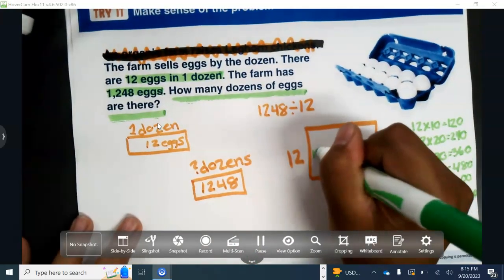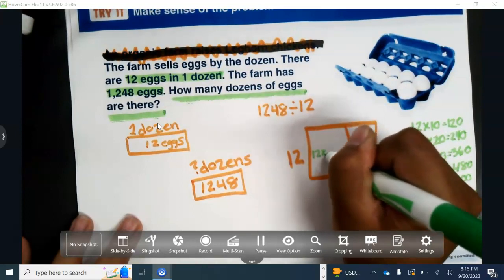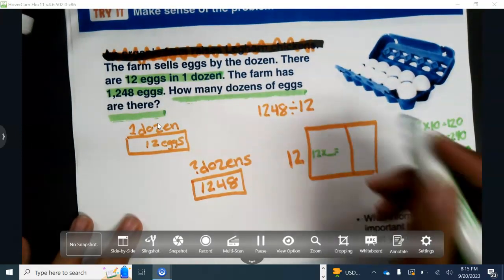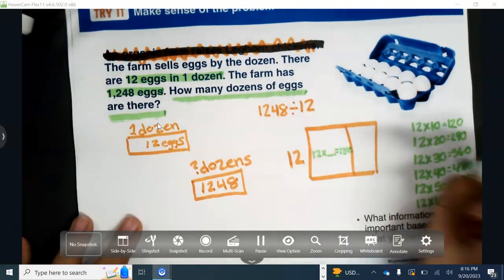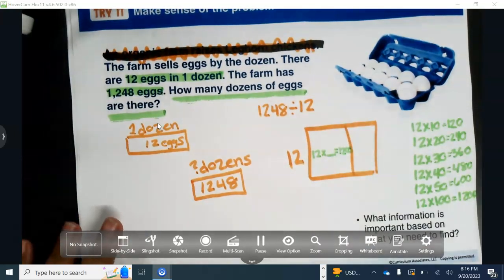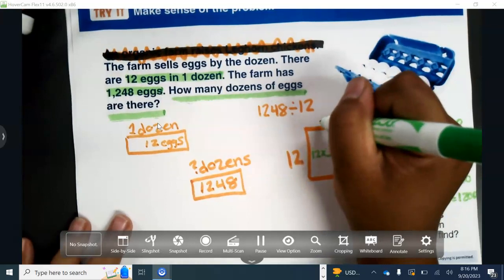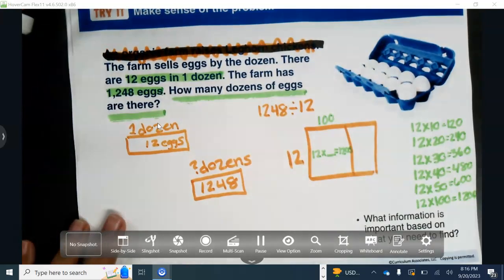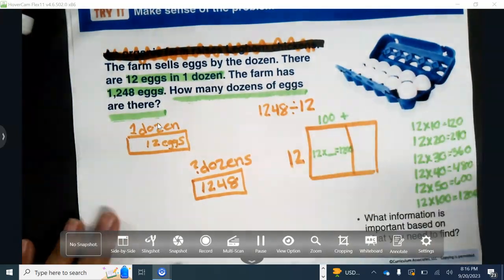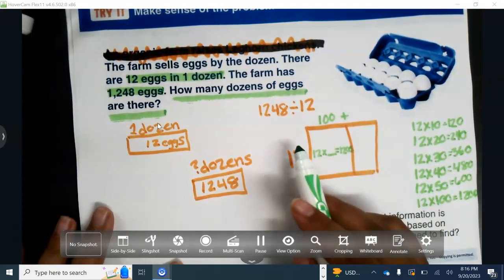So 12 times what equals 1,200? And the number you should put is 100. Okay? So now I've got to figure out how much is left over.